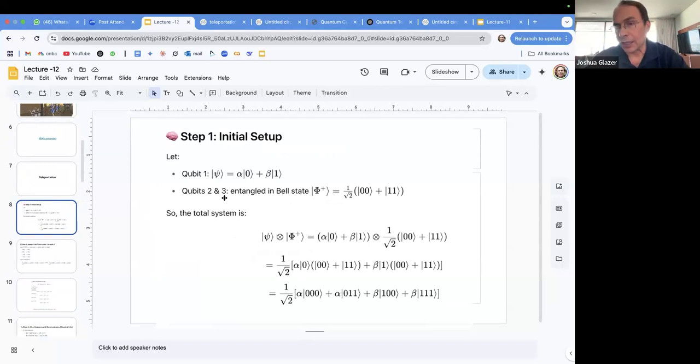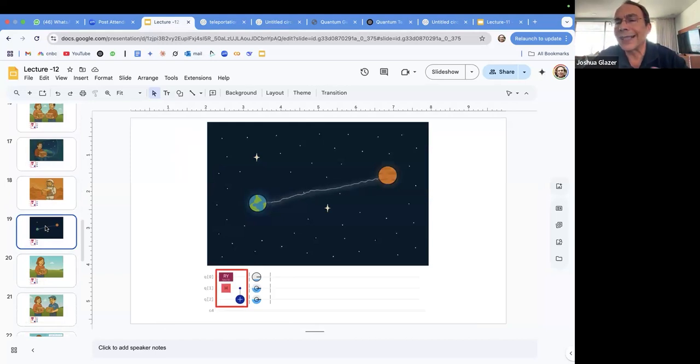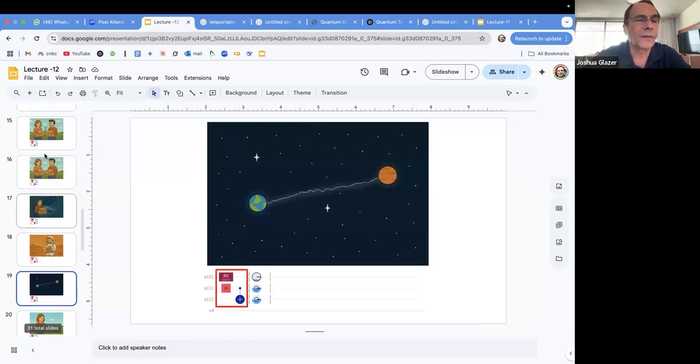Qubit 2 and 3 are the Bob and Sally particles. And as you can see, they're already entangled. So ChatGPT says, look, I don't care, let's start with them entangled already. So he's already in Mars. In other words, ChatGPT starts from this part here. He doesn't care about how exactly Sally did the entanglement.